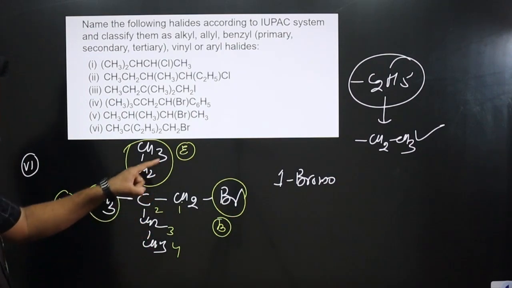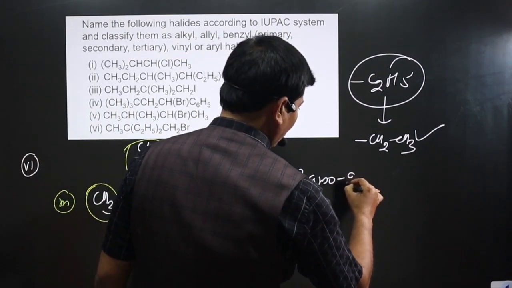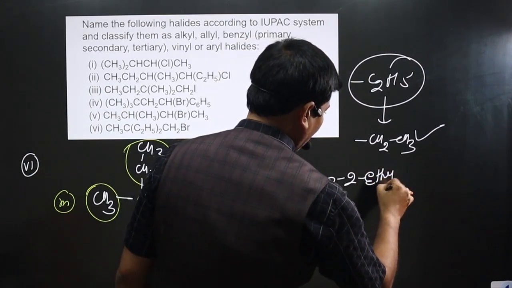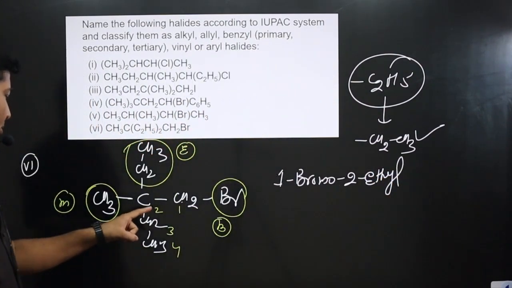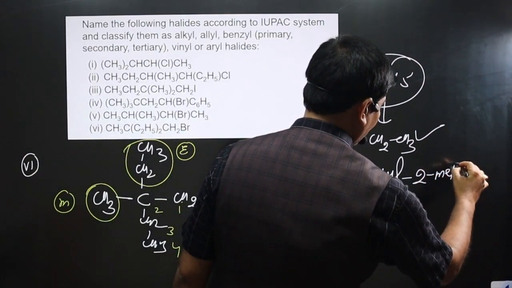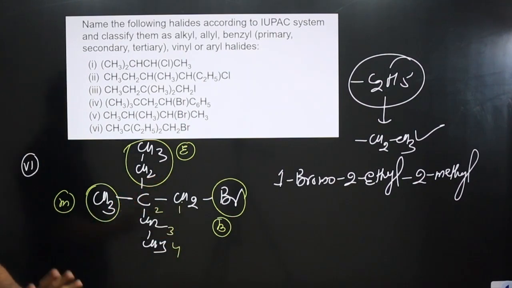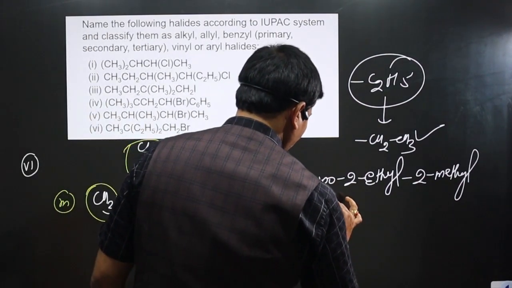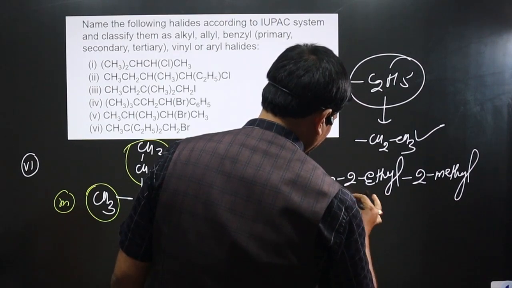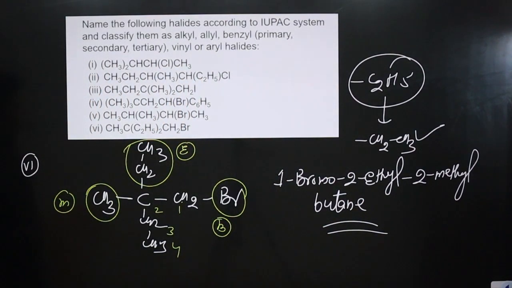Next, E comes after B, so 2-ethyl. Next we have 2-methyl. Methyl is also attached to the second carbon. In the parent chain there are 4 carbons, so we mention butane. Only single bonds are there, so butane. 1-bromo-2-ethyl-2-methylbutane.